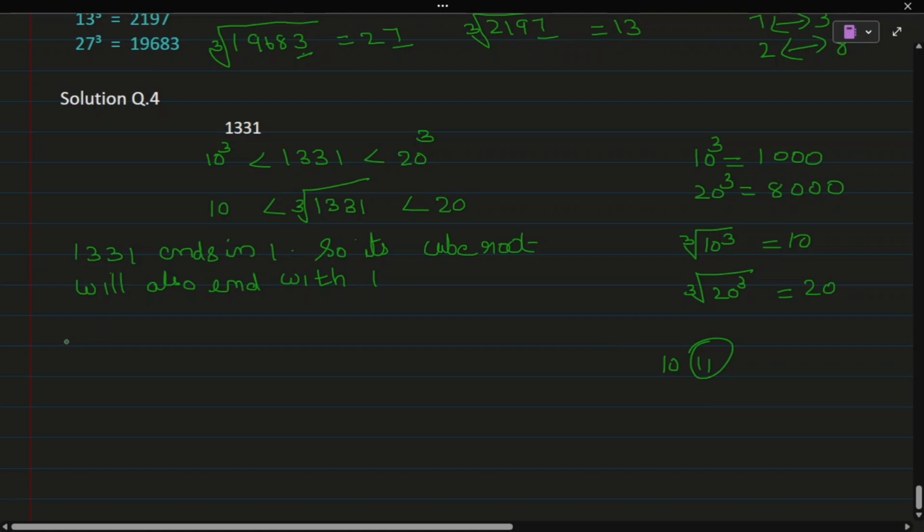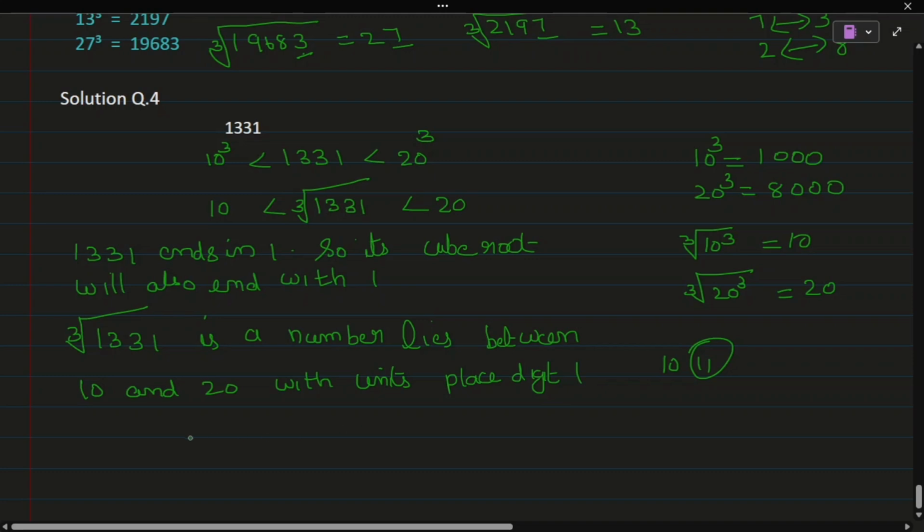So the cube root of 1331 is a number that lies between 10 and 20 with the units place digit 1.